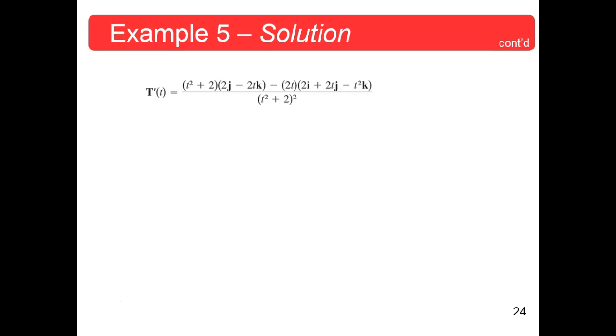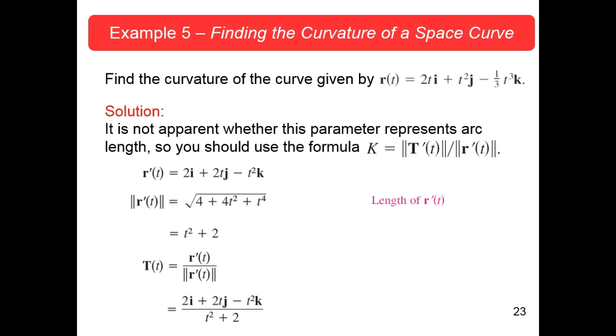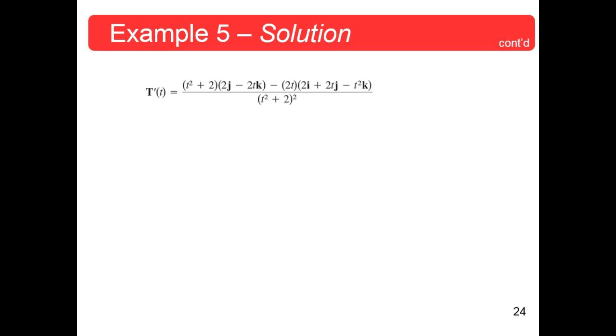Yes, and they are doing a quotient rule, which is low D high. Okay, if you go here, derivative of your numerator is 2j minus 2tk. Okay, so it's that denominator times 2j minus 2tk.